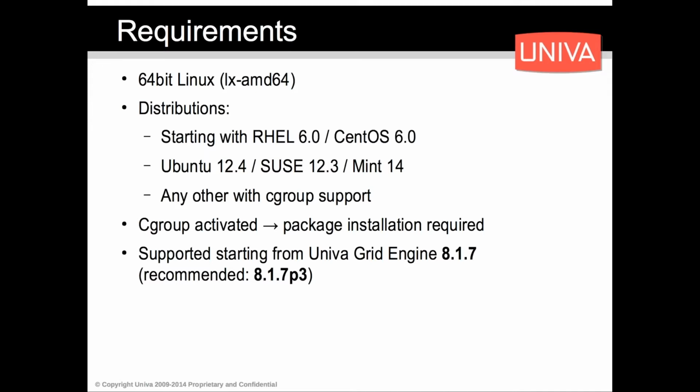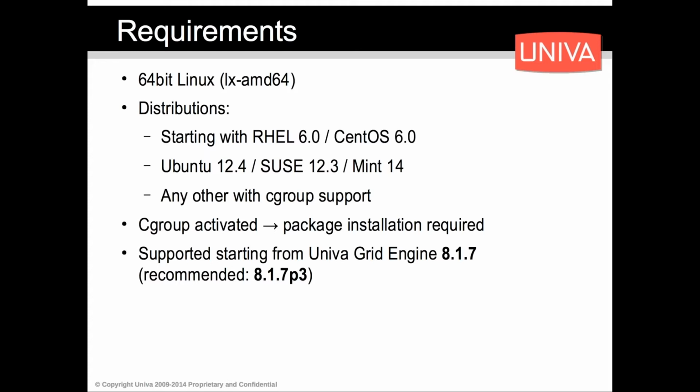That means the only dependency of Grid Engine on cgroups is that you need to have these mounted subsystems and file system access. There is no specific library needed. In order to use the cgroups, they must be activated. That usually comes with an additional package installation, which sets up a bootstrapping.